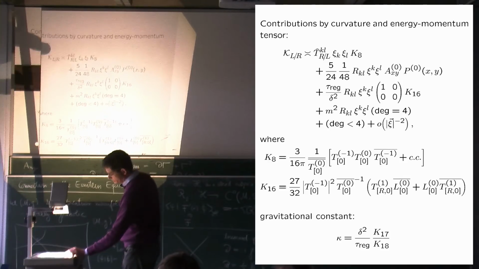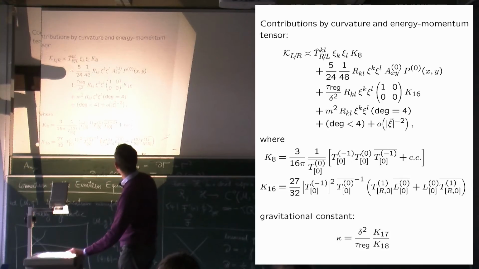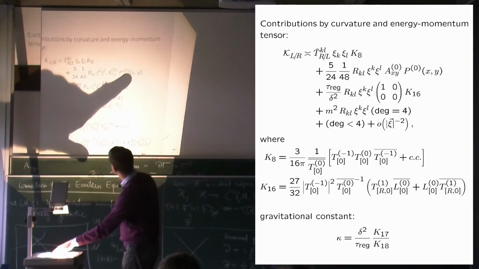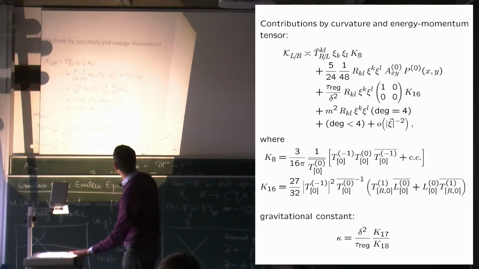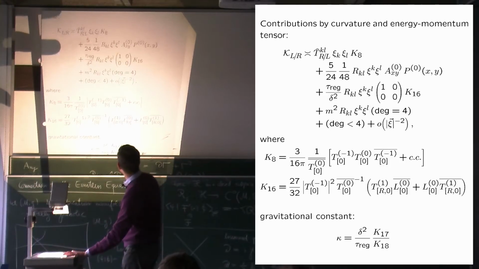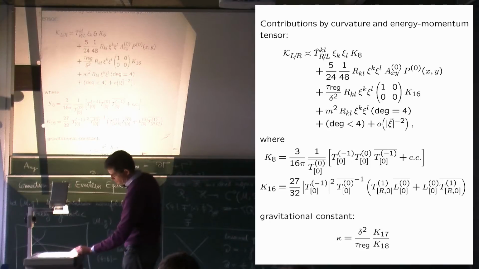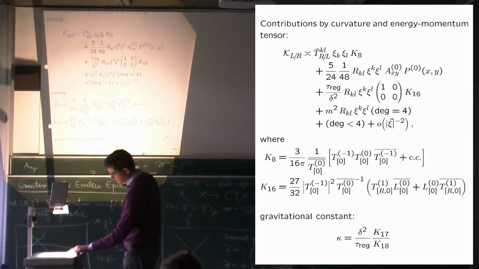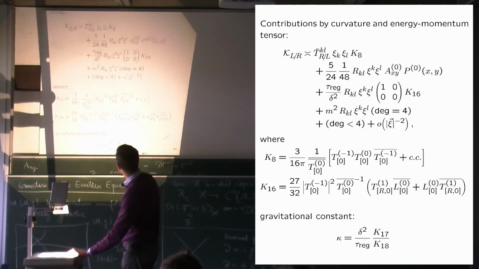Okay, and then one has here terms which involve the Ricci tensor. And there is one term here, which is the leading term, because we have here P0, this is the most singular term. So this K16 and K8 are again these simple fractions which have a rather complicated form, but it's not so important how they precisely look.